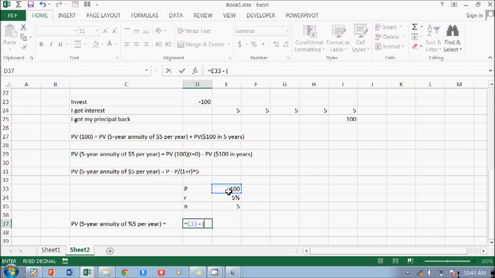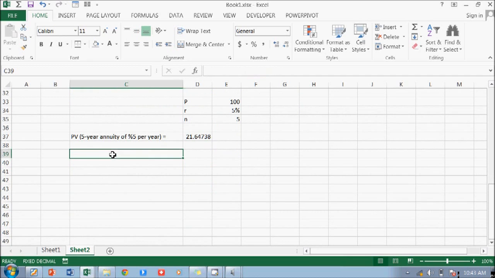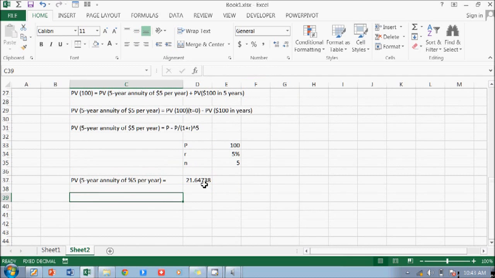Minus P 100 divided by 1 plus your R, and then you have the power of 5. So it's 21.6. I will keep it that way. So your present value is 21.